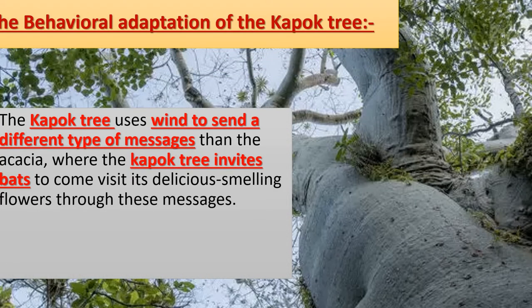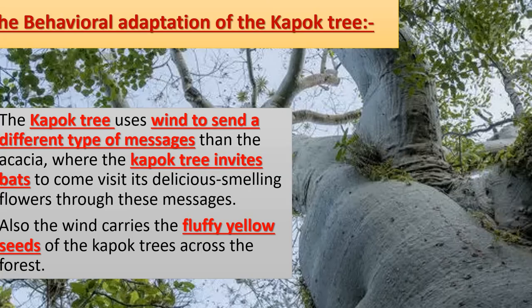The behavioral adaptations: the kabuk uses the wind to send different types of messages, where the kabuk tree invites the bats to visit its delicious flowers. Also the wind carries the fluffy seeds of the kabuk tree across the forest. So the kabuk tree does some behavioral adaptation, like what?